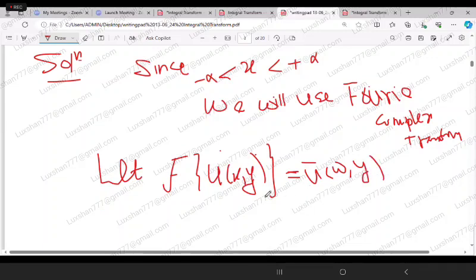Here, actually, we are taking the Fourier transform with respect to x. Okay, Fourier transform with respect to x. If you want, you can write it.